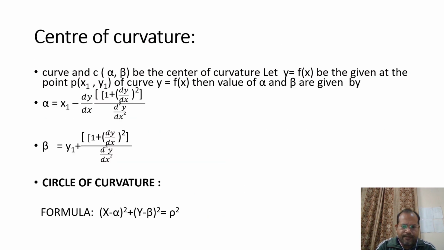Of course, we can also find its center, alpha and beta. In any UG level book, you can find the center of the circle of curvature. So alpha and beta is the center of the circle of curvature.